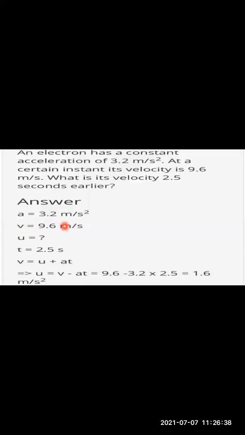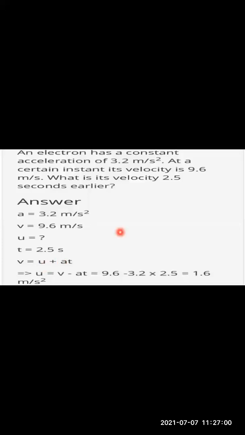Acceleration is 3.2 meter per second square. Final velocity is 9.6 meter per second. Initial velocity we have to calculate, that is small u equal to question mark. Time is 2.5 seconds.